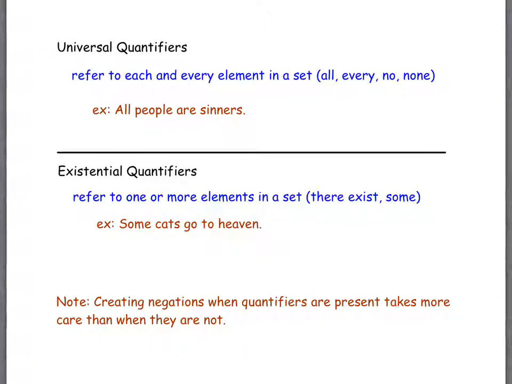The problem with universal and existential quantifiers is that they make things really tricky when you're trying to do negations. Let me consider with you the first one, that all people are sinners. What would be the logical opposite of that statement? Does it have to be no people are sinners?